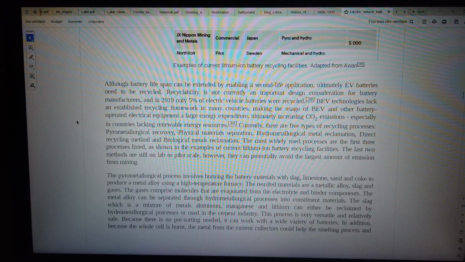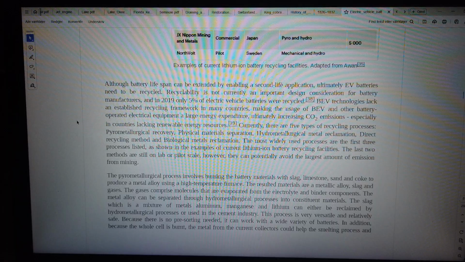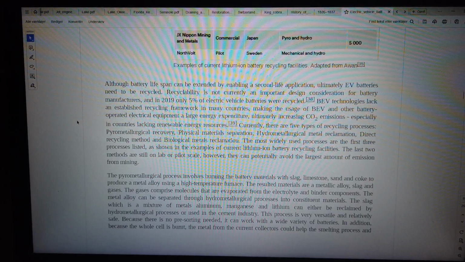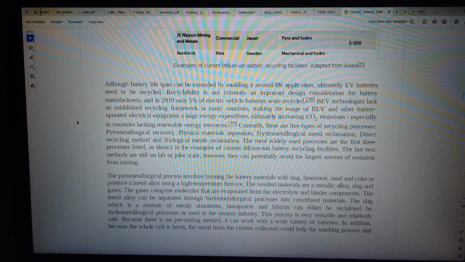The most widely used processes are the first 3 listed, as shown in the examples of current lithium-ion battery recycling facilities. The last 2 methods are still on lab or pilot scale, however, they can potentially avoid the largest amount of emission from mining.